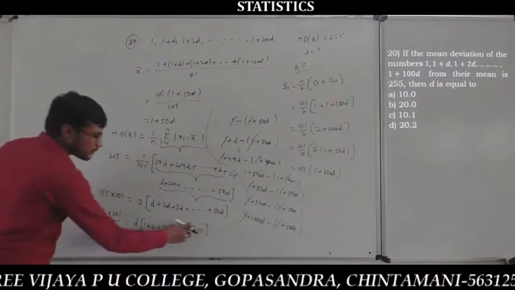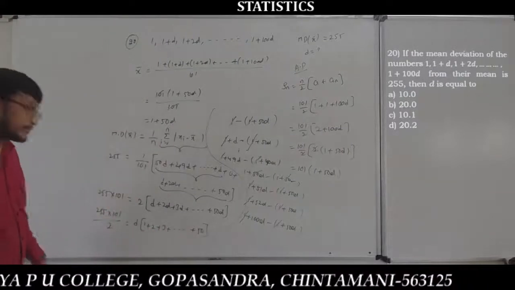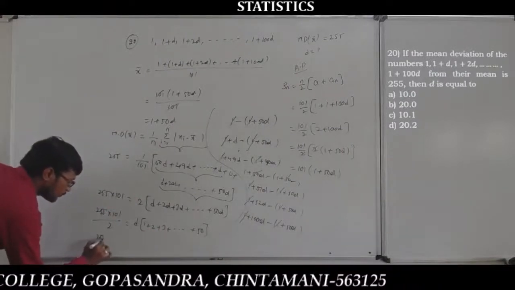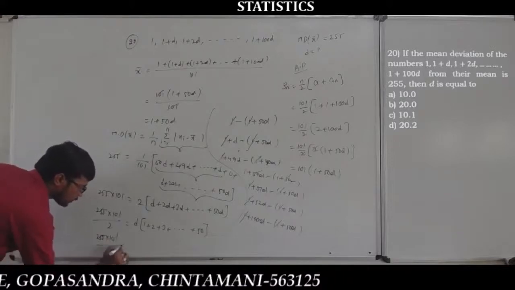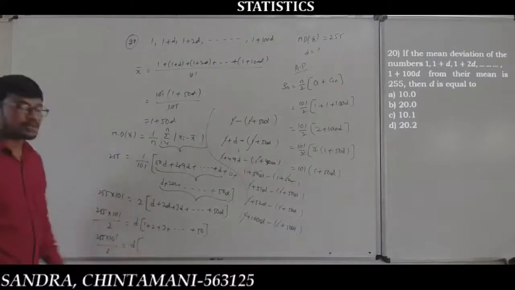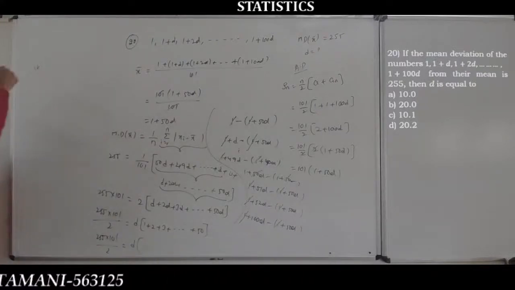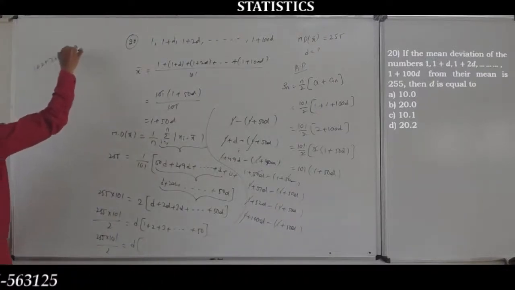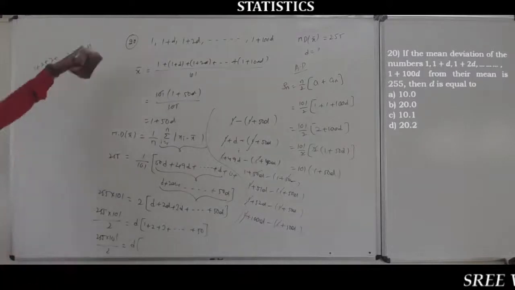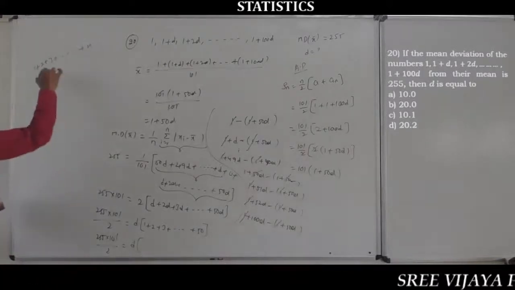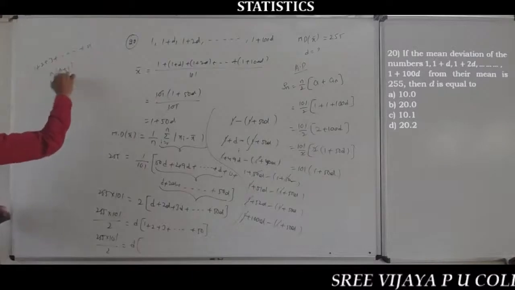What is this sum? It is the sum of natural numbers. So 255 into 101 by 2 is equal to d times that sum. You know how to find the sum of natural numbers, right? 1 plus 2 plus 3 plus so on plus n, the sum of n natural numbers, the formula is n into n plus 1 by 2.